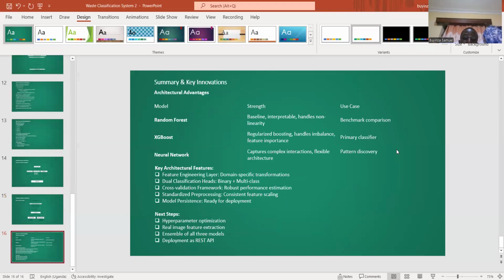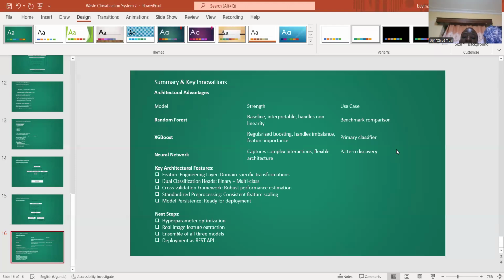So in summary, we have the architectural advantages involved in this architecture, used in training these models: the random forest, the XGBoost, and the neural network.